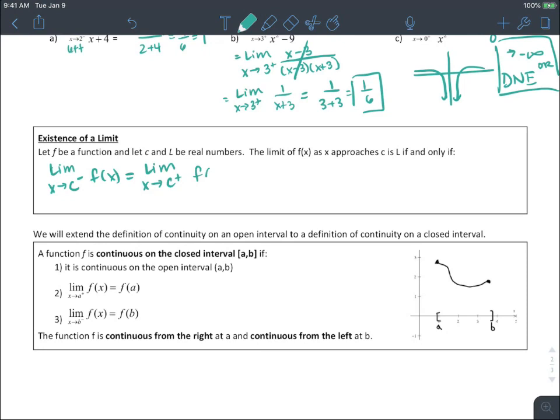This is matchy-matchy on the left and the right. Okay, in other words, the left and the right hand limits have to equal each other.